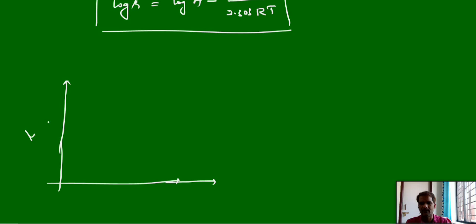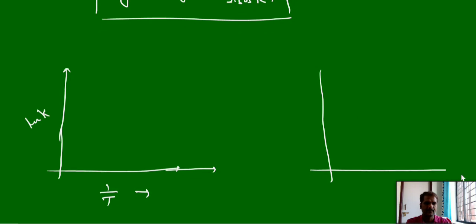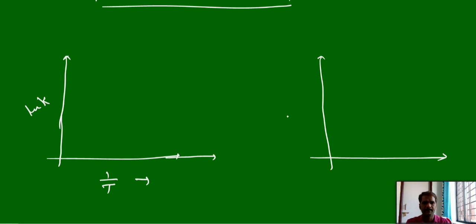One is the rate constant ln K versus 1 by T, and the second graph, instead of ln, we will take log K versus 1 by T. If you take ln K versus 1 by T, it is a graph like y equals minus mx. So you will get the negative slope in the graph, and the intercept is ln A, and the slope of this graph is equal to minus Ea by R.